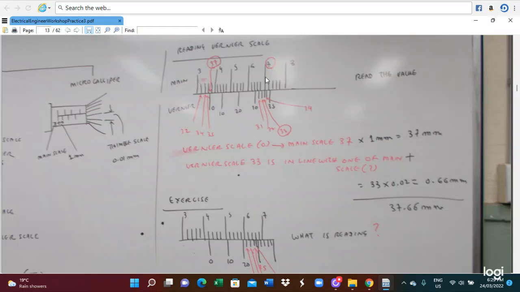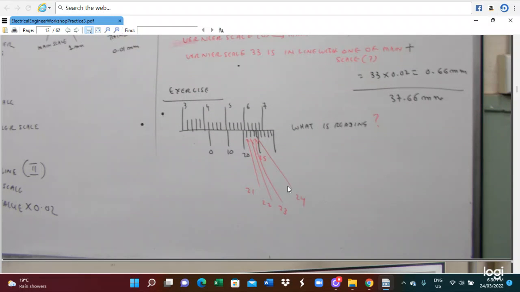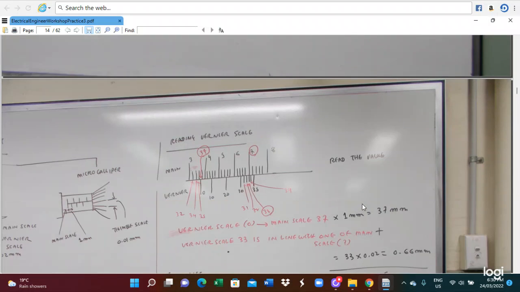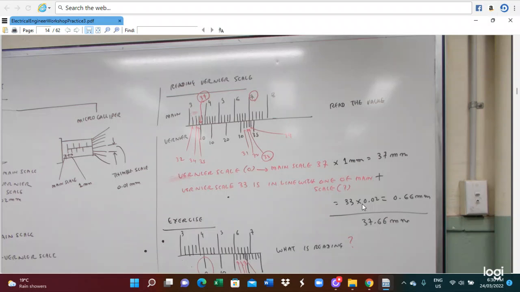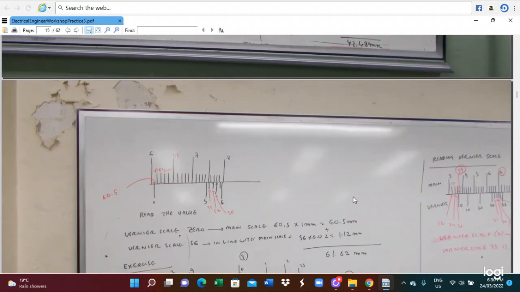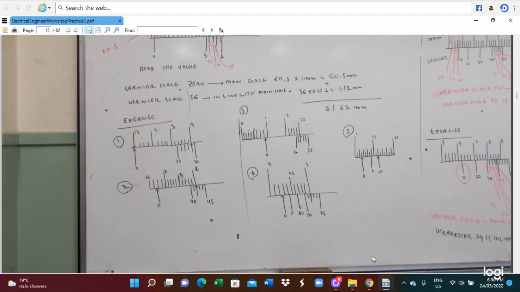Therefore, the 33 is multiplied with 0.02, which gives 0.66. You add these two and you get 37.66. Then this one you do as an exercise. So this is how to read the vernier scale, and you also do the exercise.